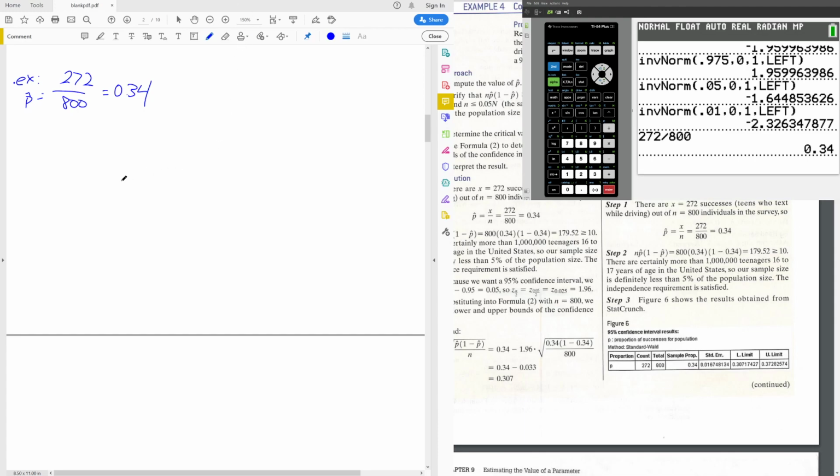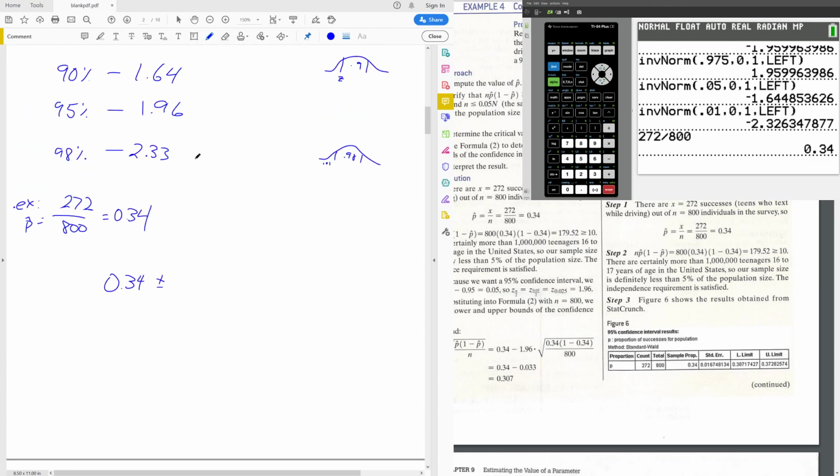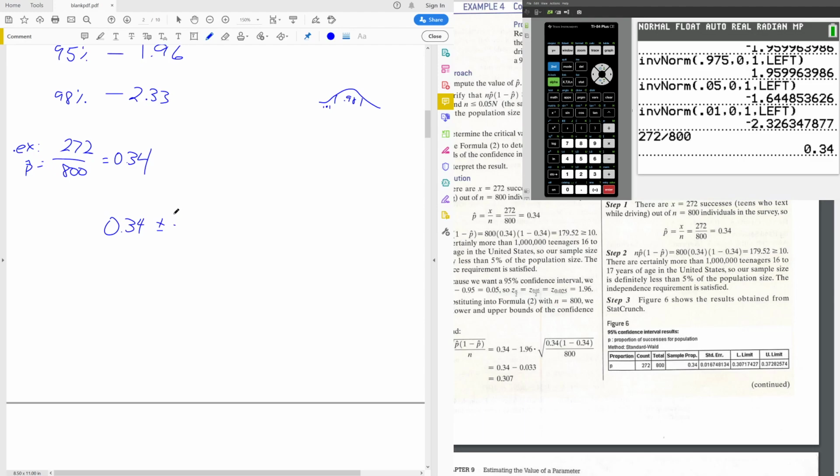Because we're doing a 95% confidence interval, we're going to take this 0.34, add and subtract, and we're going to do 95%. So we're going to do 1.96 times the square root of p, which in this case we're going to use the 0.34 to estimate, times q, right? So times what's the other percent.